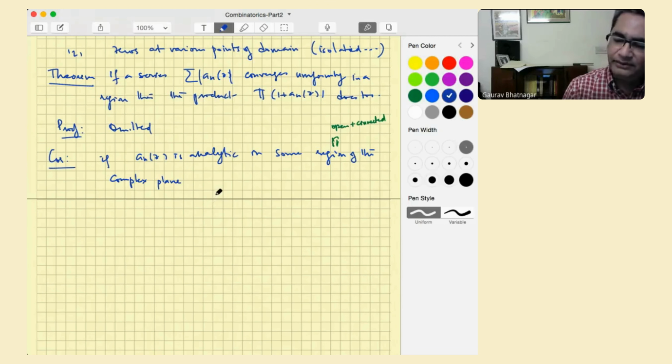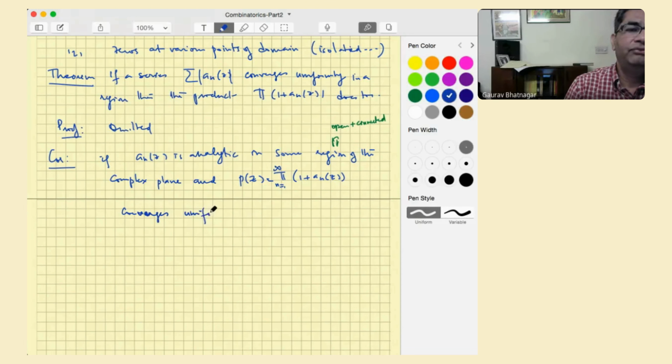Let me hand wave my way through this. If it's analytic in some region of the complex plane, and P of z is equal to the product of 1 plus a_n z, n equal to 1 to infinity, converges uniformly in that region, then P of z is analytic.